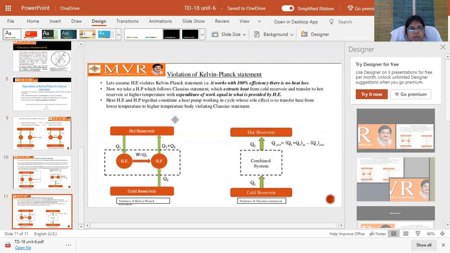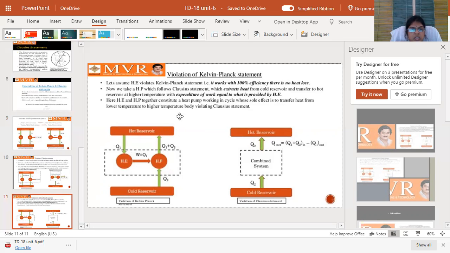Here the heat pump and heat engine together constitute a heat pump working in a cycle whose sole effect is to transfer heat from a lower temperature to a higher temperature body, violating the Clausius statement.